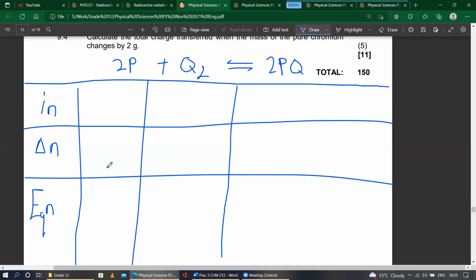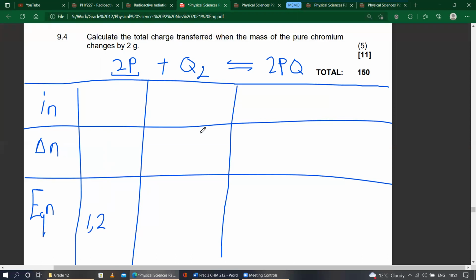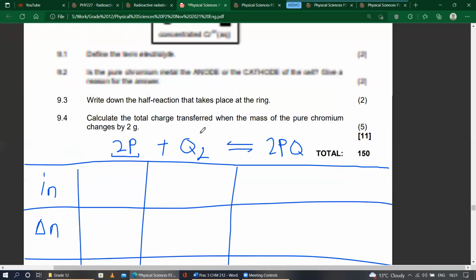So from the information we're given, the number of moles of P at equilibrium is going to be 1.2.